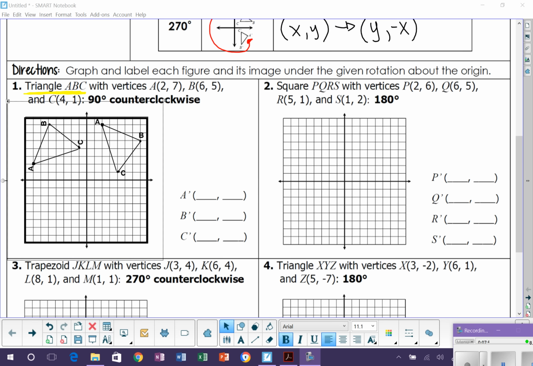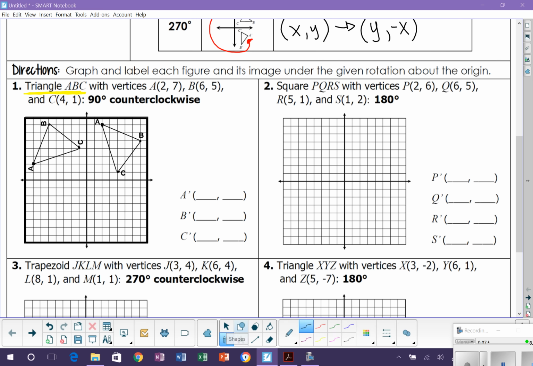So if we use the trick where our x comma y goes to negative y comma x, where A is 2 comma 7, does it go to negative 7 comma 2? 1, 2, 3, 4, 5, 6, 7. There's negative 7, up 2. It does work.